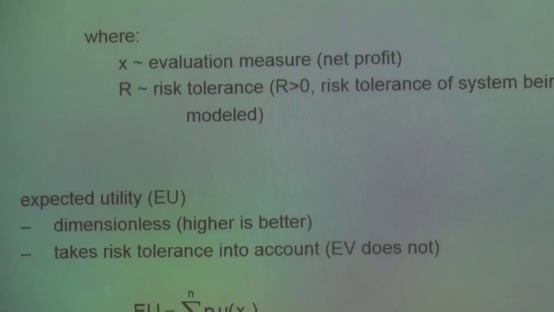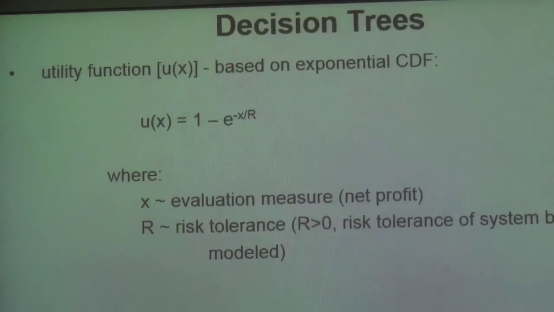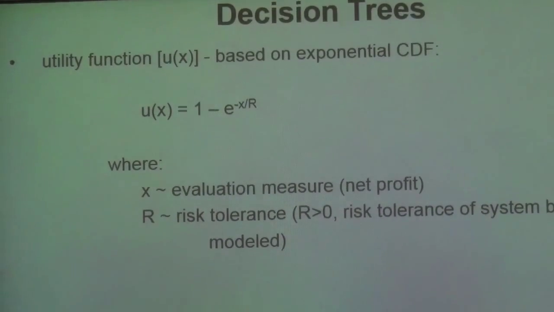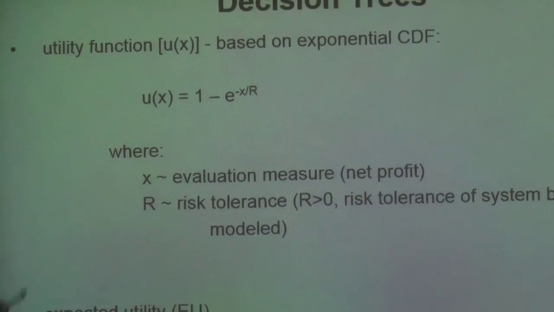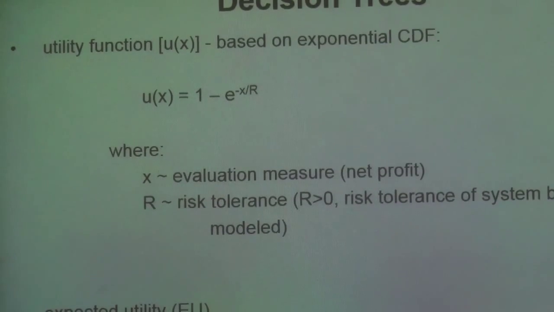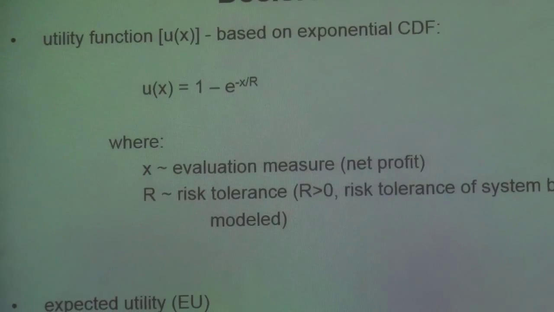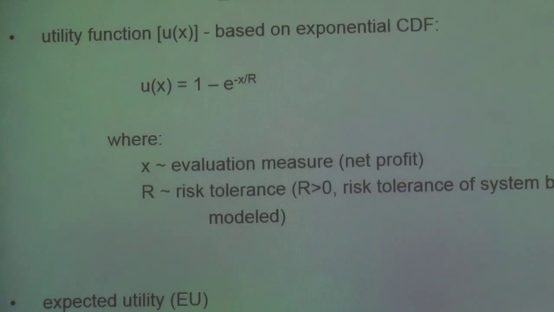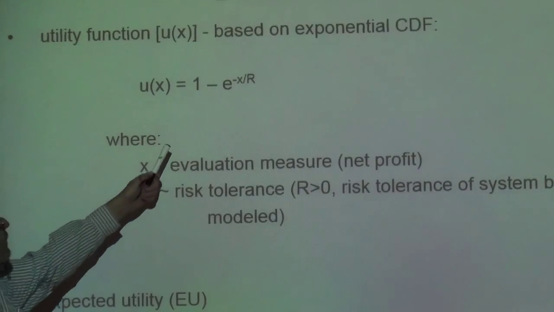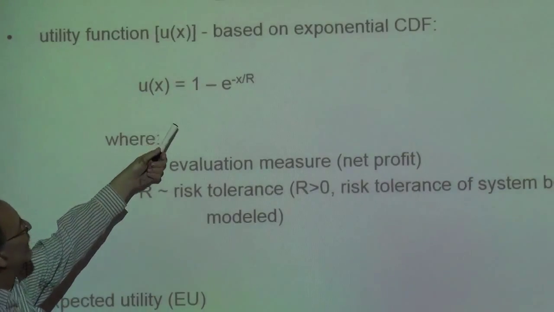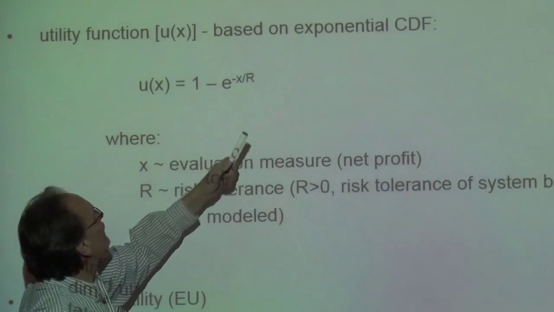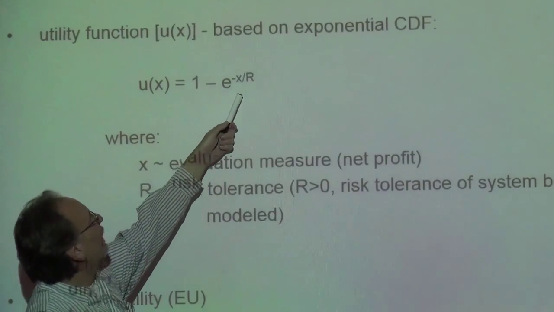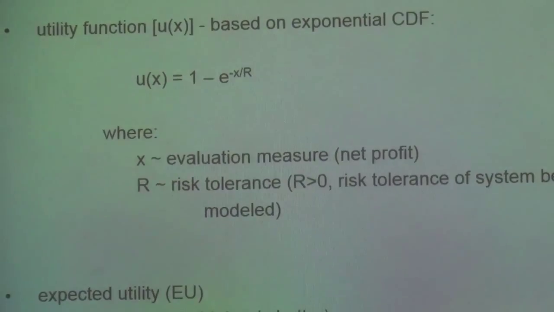So, that's a perfect segue into the next topic here, which is the utility function. What does the utility function look like? Excluding the variable names, it is the cumulative exponential function, where x is time, and r is the mean time between failures.